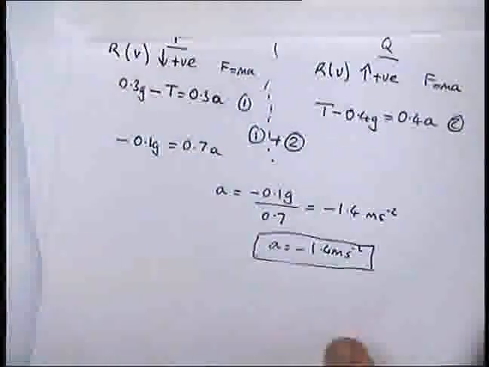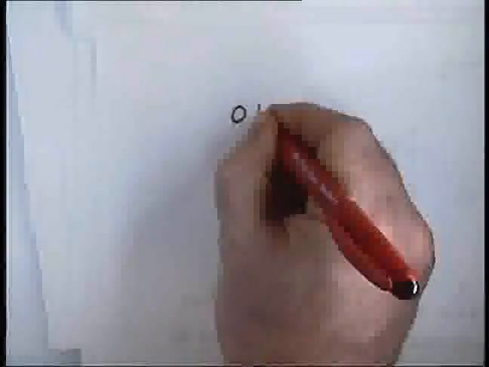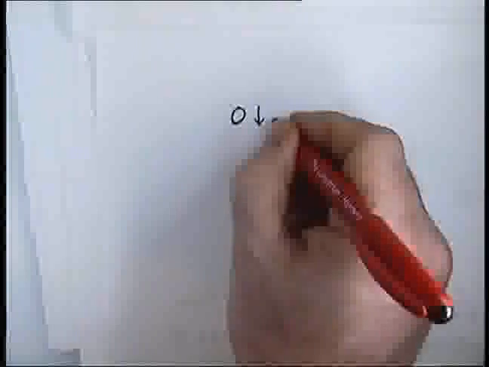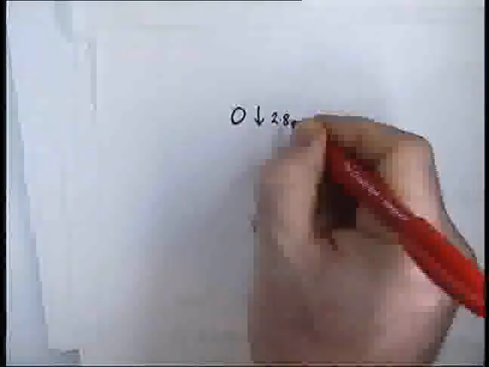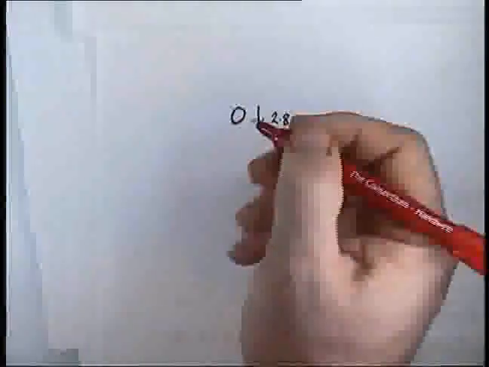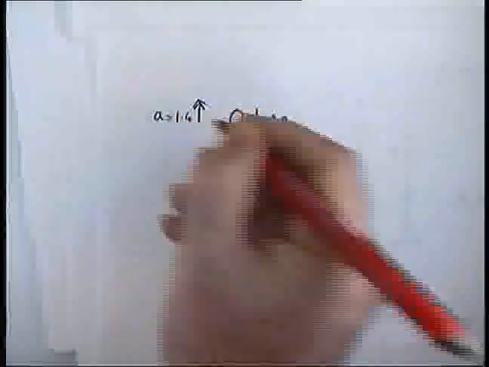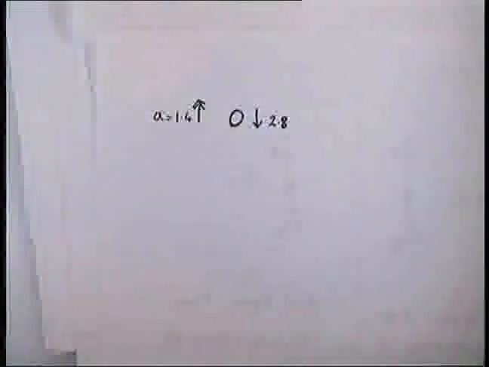Now what we're going to do is draw a little diagram of P for the suvat. Initially the velocity down has a magnitude of 2.8. It's accelerating down with a magnitude of negative 1.4. So I'm going to say it's up with a magnitude of 1.4. You can stick with negative 1.4 if you want.